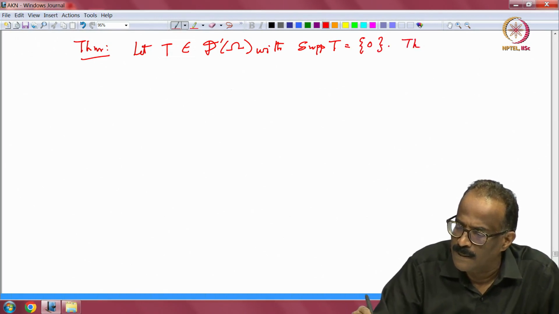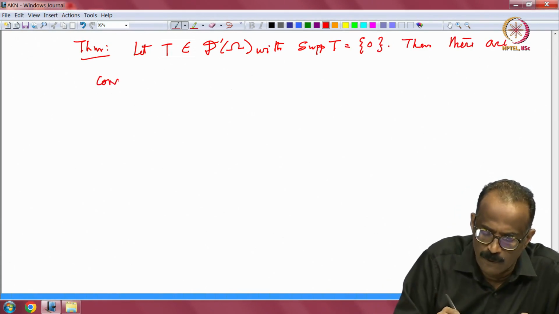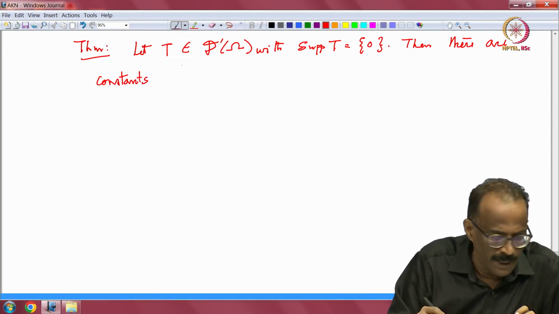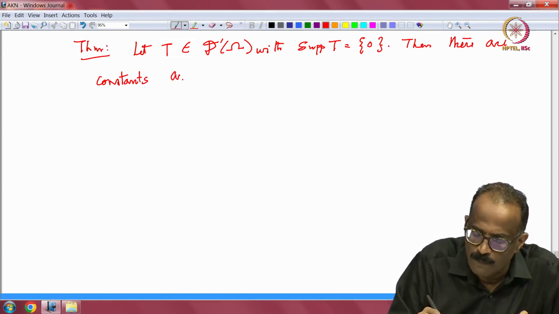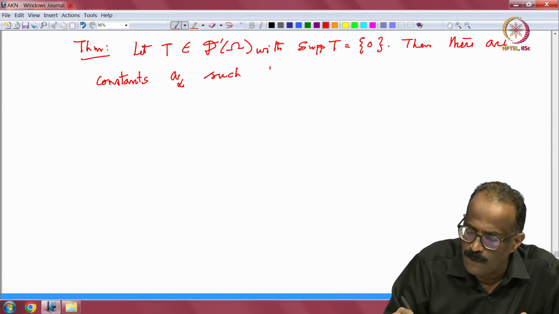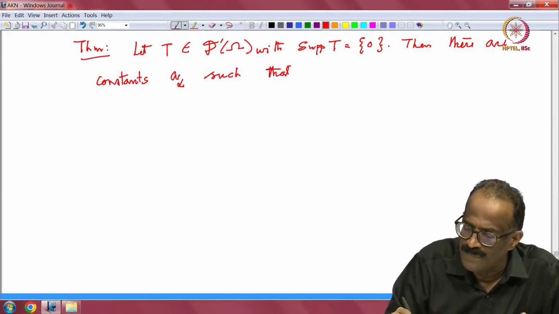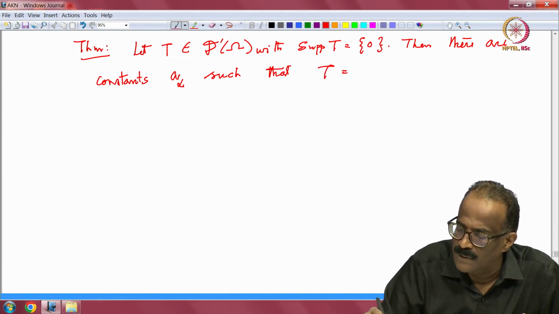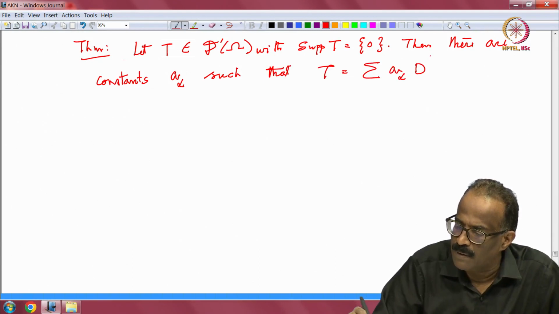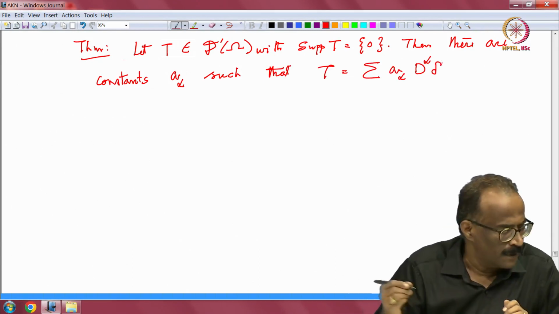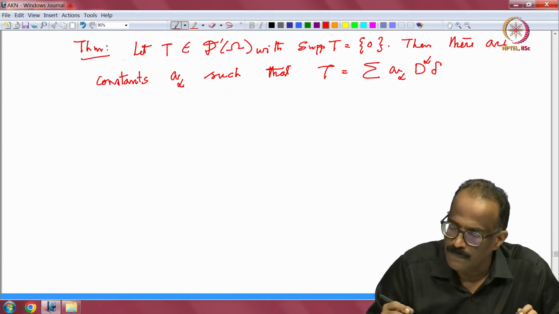Then there are constants A alpha such that T is equal to the sum of A alpha D to the power alpha of delta. Okay. So, that is it.